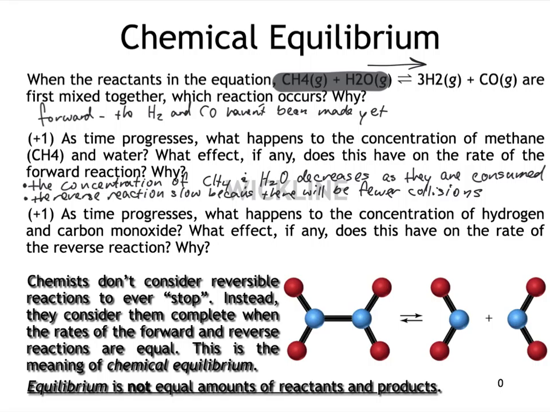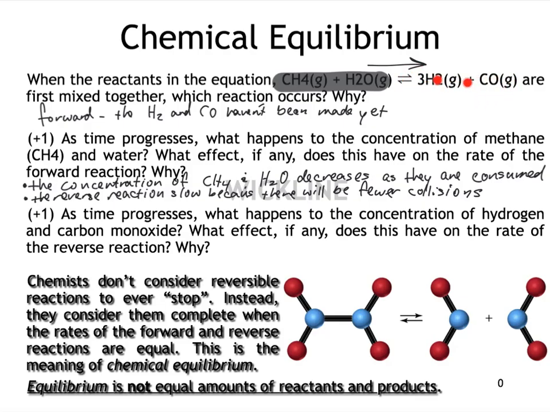All right, so the reaction's happening, it's moving forward mostly, so it's making all kinds of products here. It's making all kinds of hydrogen, all kinds of carbon monoxide. So the concentration of these two things are increasing, and that means something really important for the reverse reaction. As these start to be made more and more, their concentration increases and they're going to collide with each other more often.